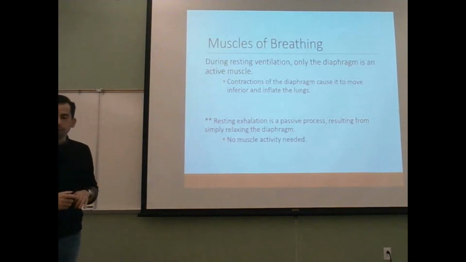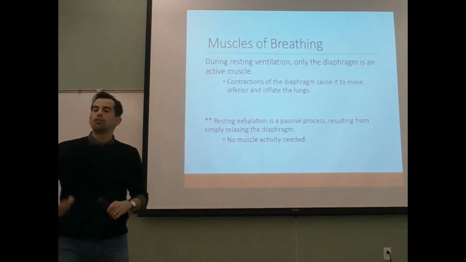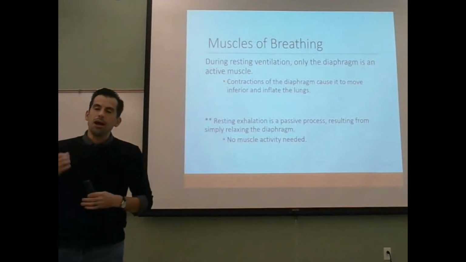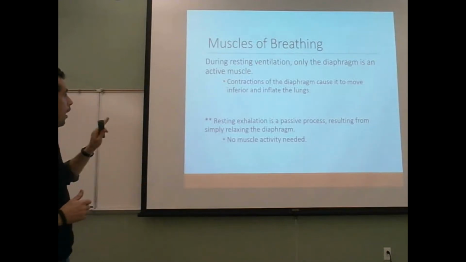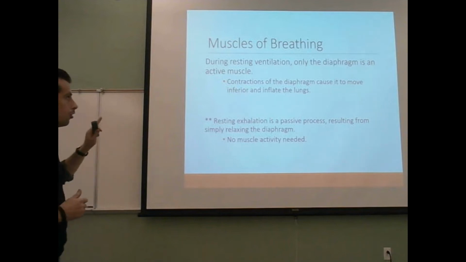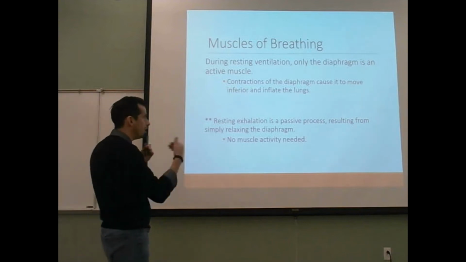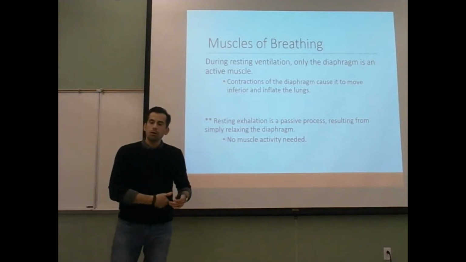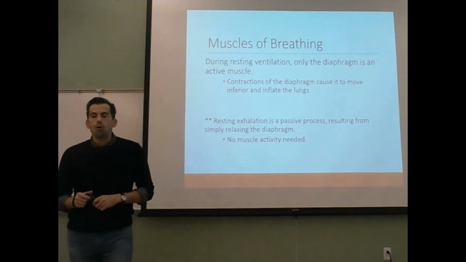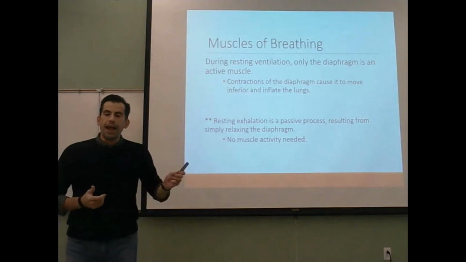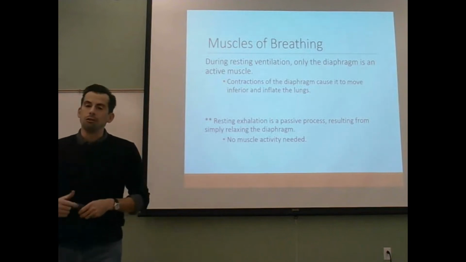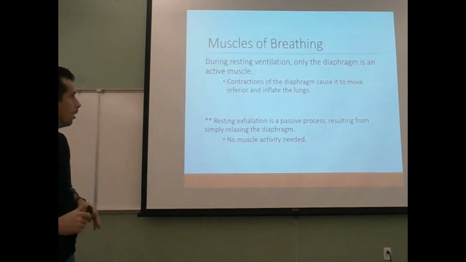During resting ventilation, picture you're sitting here watching this video now, hopefully breathing at a nice, normal, relaxed rate. That's resting ventilation. That is only going to involve contractions of the diaphragm for inhalation. The diaphragm is a dome-shaped muscle that sits within the lower half of the rib cage, and as it contracts, it pulls down and initiates that inhalation stage of ventilation.